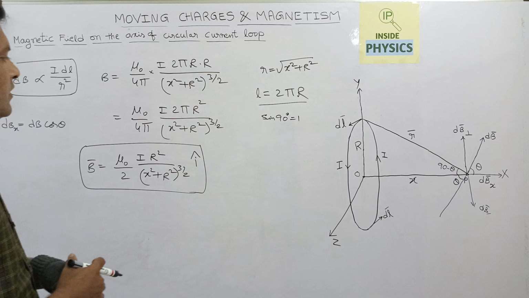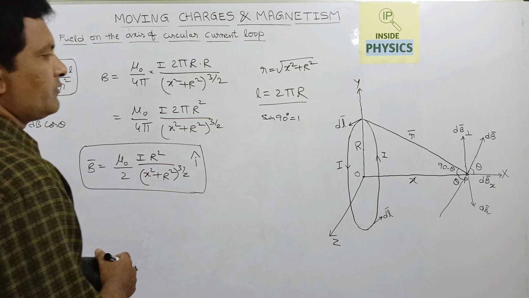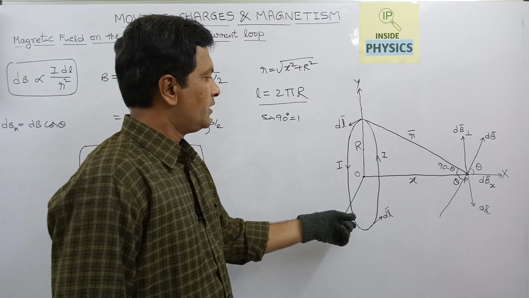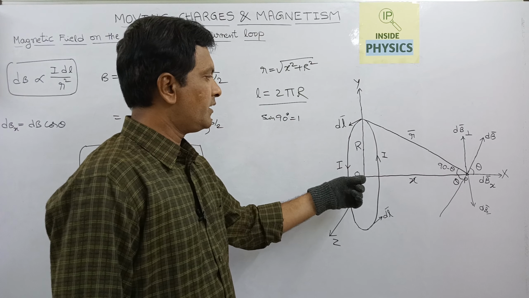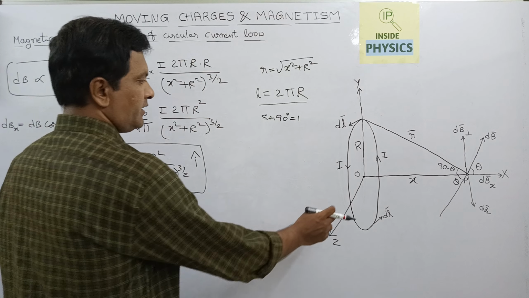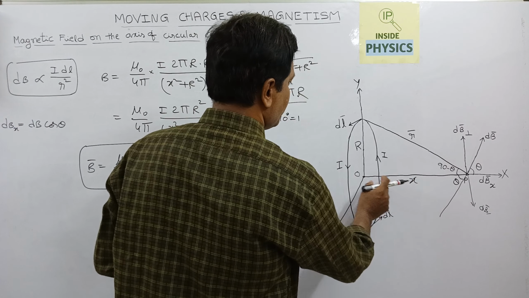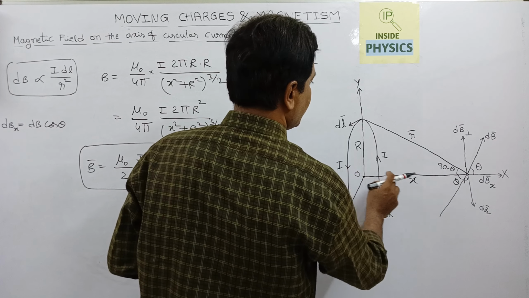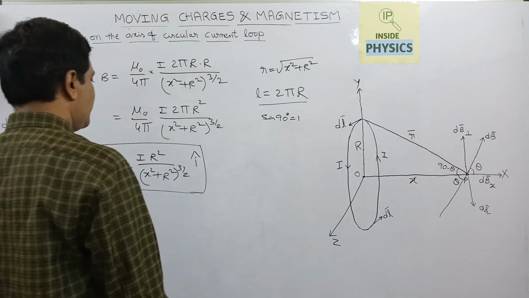If you want to calculate the magnetic field at the center of the current carrying loop, at the center the x will become 0. The distance between the point taken at the center and the loop, the x part, becomes 0.